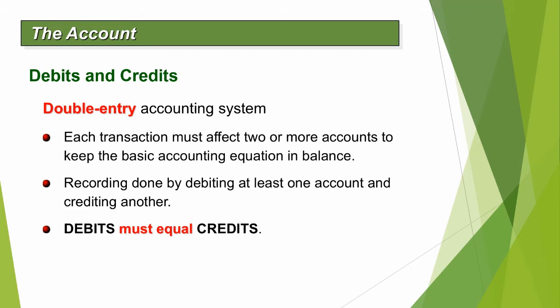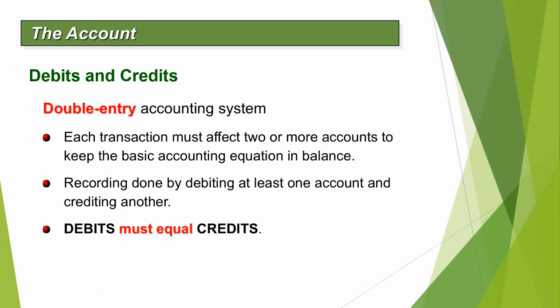In the double entry system, the dual or two-sided effect of each transaction is recorded in the appropriate accounts. This system provides a logical method for recording transactions. It also helps ensure the accuracy of the recorded amounts.